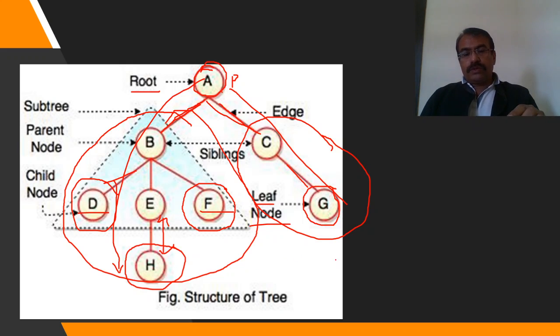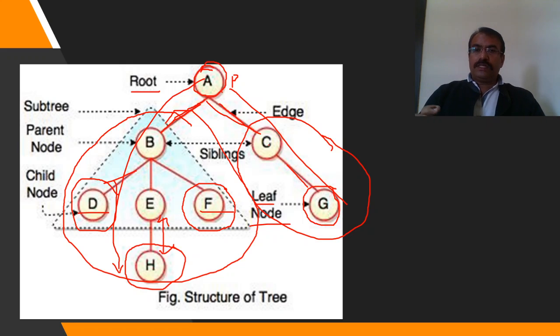So the nodes which are at the last level, which don't have any children, are called leaf nodes. And in this case, A has two children, B and C, so B and C are called siblings. Nodes having the same parent are called siblings.